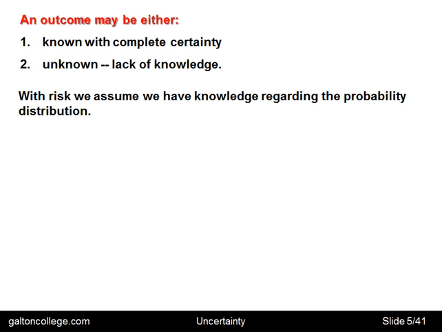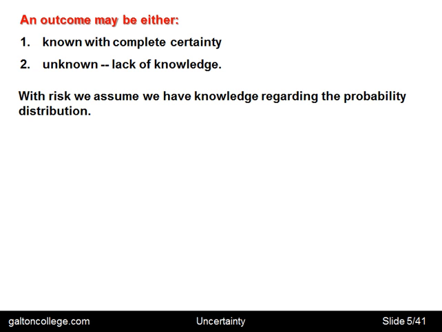But with uncertainty, we may know completely what's going to happen, in which case it's not uncertain, or, generally the case, it's unknown. We have a lack of knowledge. So when we deal with uncertainty, we're dealing really with a situation in which we have no knowledge at all. We're making a decision with nothing to help us.